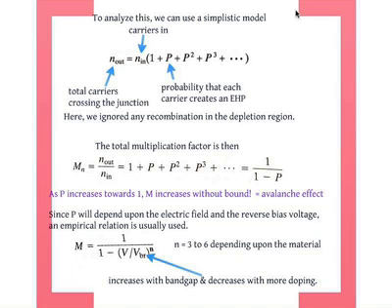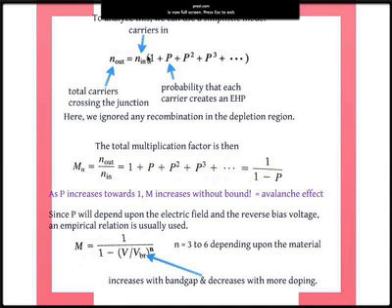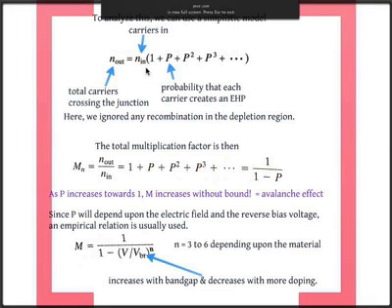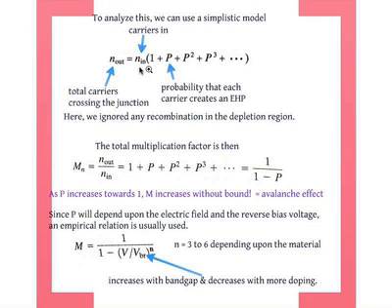So to analyze this, we can do a very simplistic model where if you have n electrons coming in, each electron will generate, with the probability P, one impact ionization. Okay? So let's imagine this. One electron coming in. There's a probability P that this impact ionization happens.